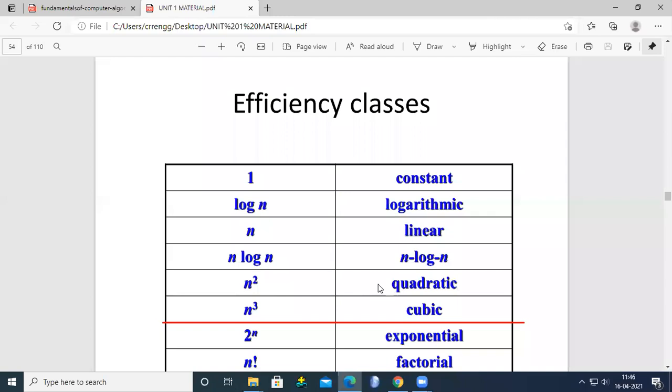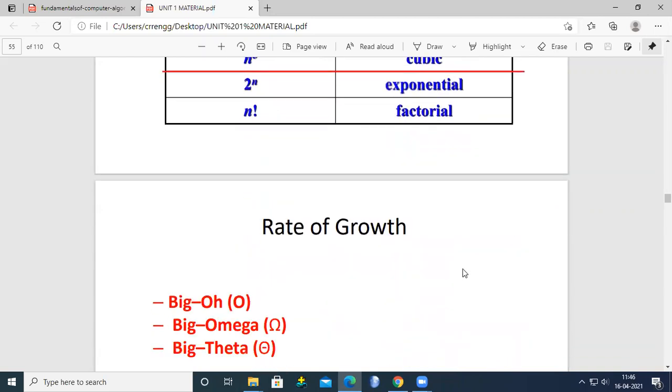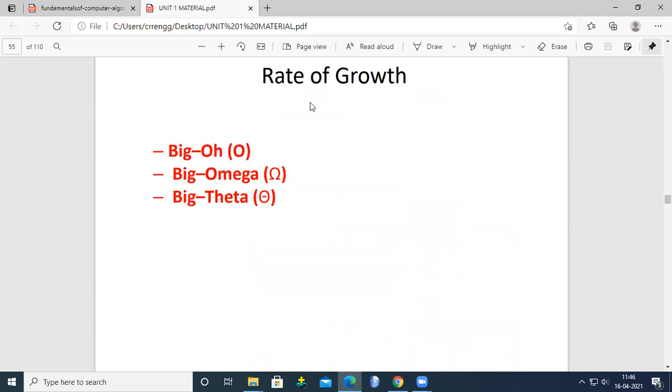N squared is quadratic type. N cubed is a cubic algorithm. 2 power n is exponential time. Factorial of n is factorial. So what is the rate of growth of the algorithms?